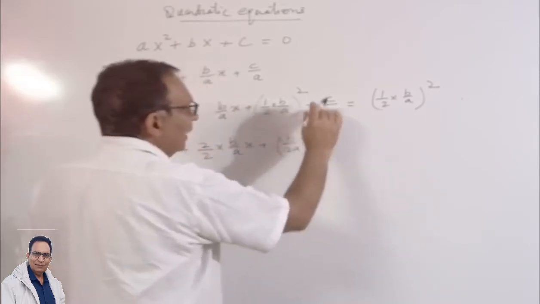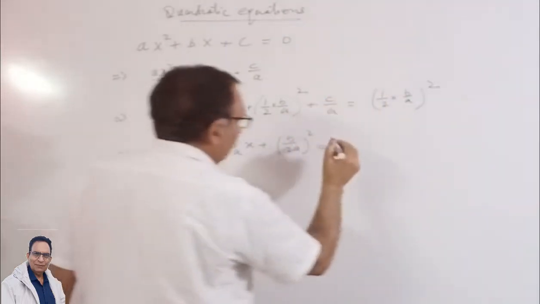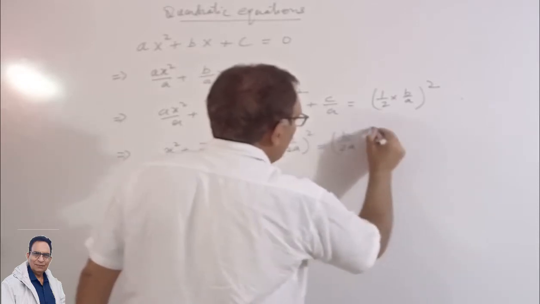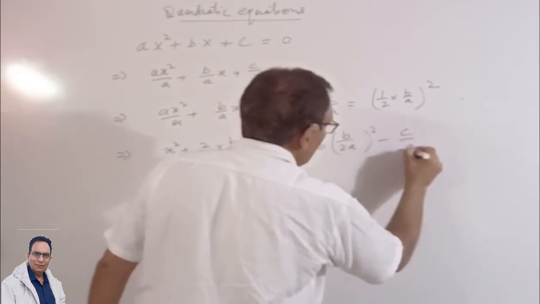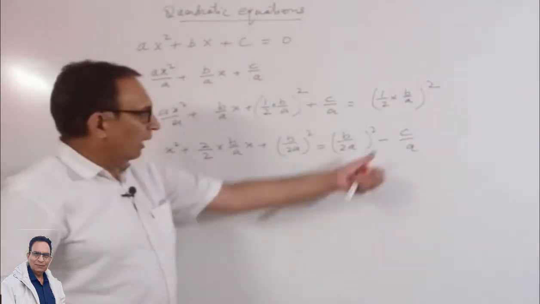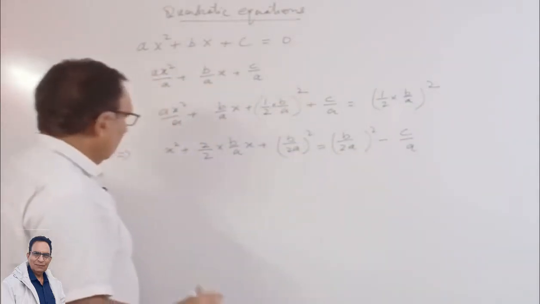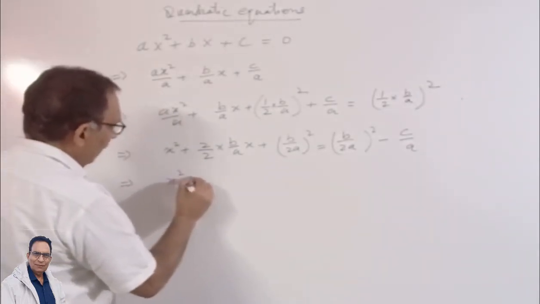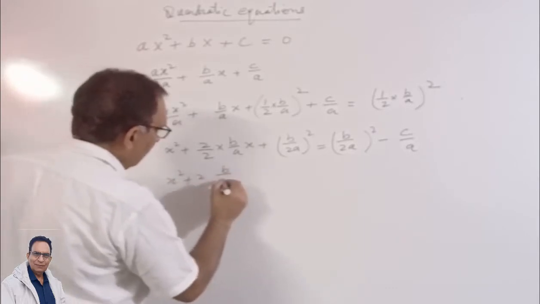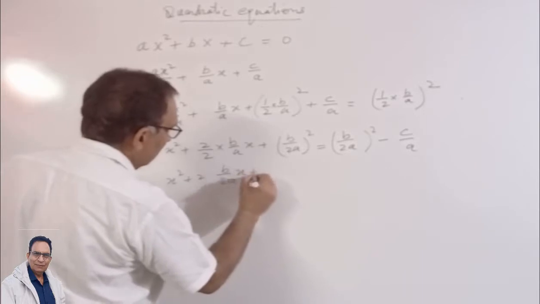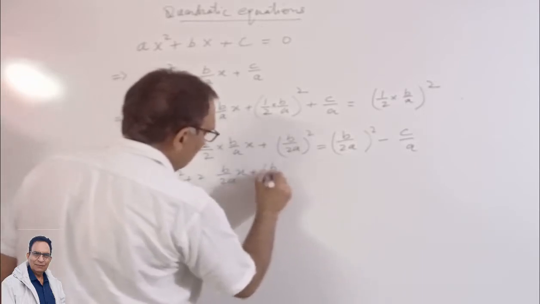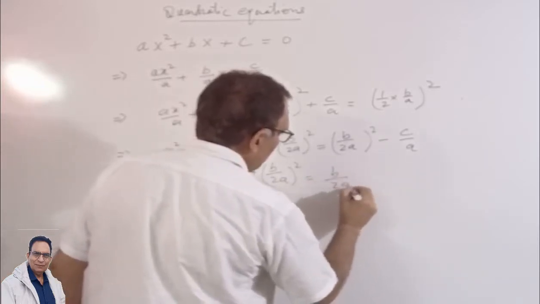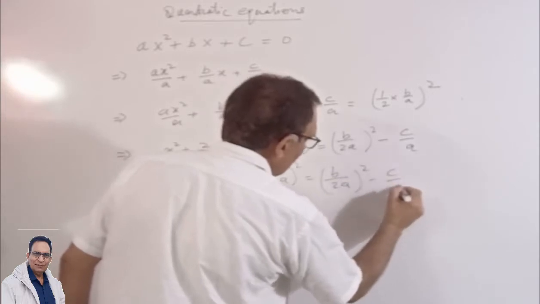Here itself I am taking c over a to the right side, so this c over a goes that side and becomes minus c over a. Further, write it in this form: x square plus 2 b over 2a x plus b over 2a square is equal to b over 2a square minus c over a.